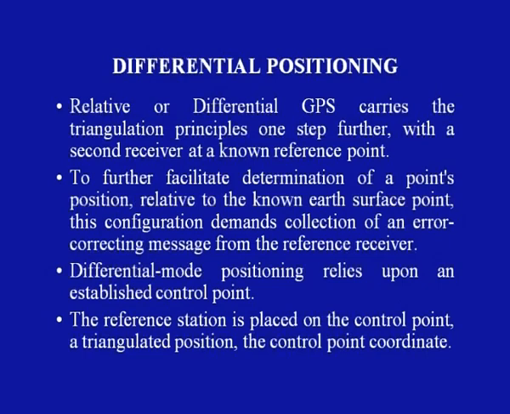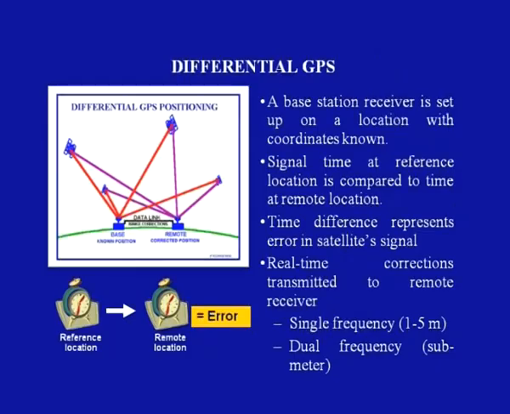Differential mode positioning relies upon an established control point. The reference station is placed on the control point, which could be a triangulated position or it could be a control point coordinate. In this slide, a general configuration of differential GPS positioning has been shown.